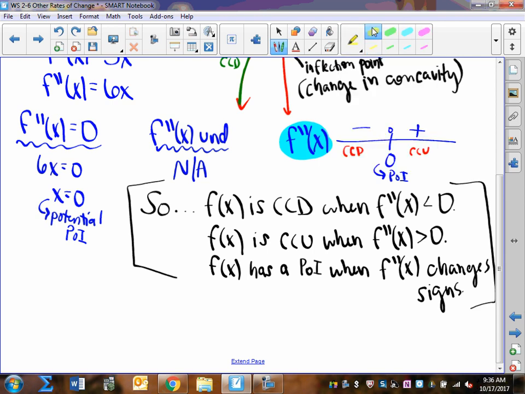We would write out everything: concave up, concave down, and point of inflection. So the first derivative test tells me increasing, decreasing, max, min, critical point. The second derivative tells me concave down, concave up, point of inflection. For a point of inflection you would say f of x has a point of inflection at x equal to whatever, but you only need that if the problem asks for it.